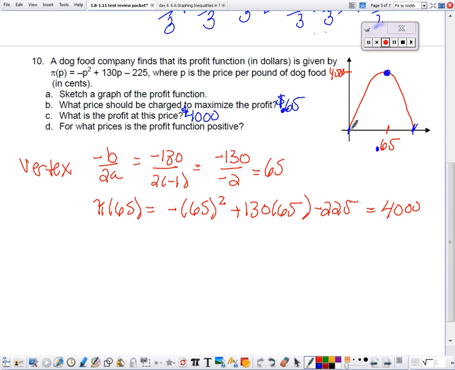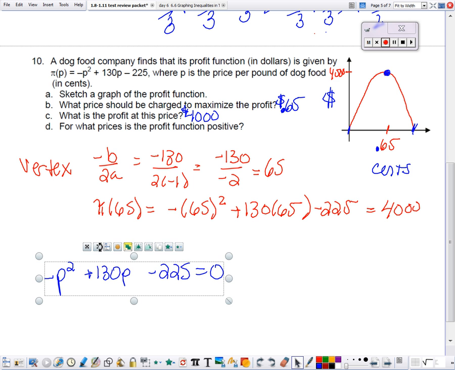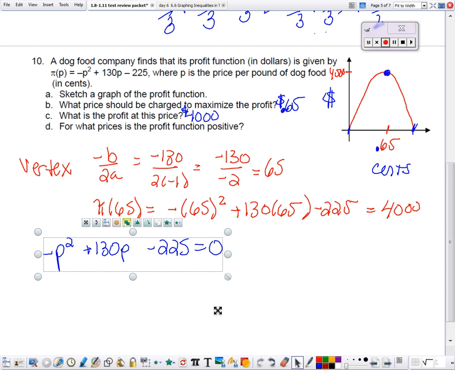So I need to watch these cents versus dollars here. So for D, I'm going to take my quadratic and set it equal to 0. You can either use the quadratic formula or factoring. I'm going to stick with the quadratic formula.